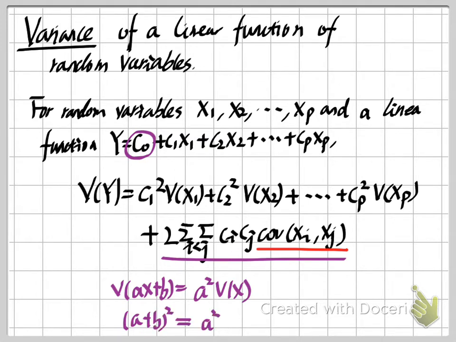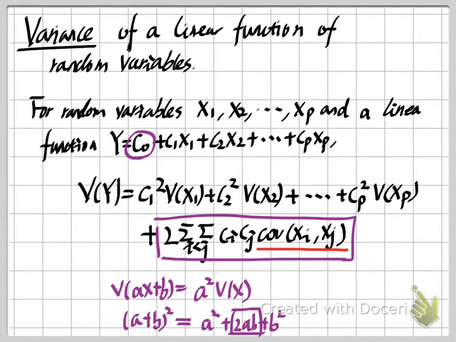The answer will be the square of the first term, the square of the second term, and the quadratic term 2ab. So this term circled by the purple color is similar to the quadratic term in our algebra equation.